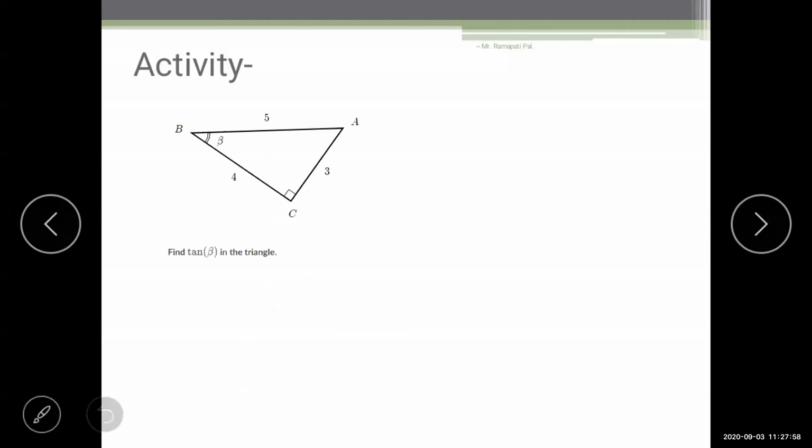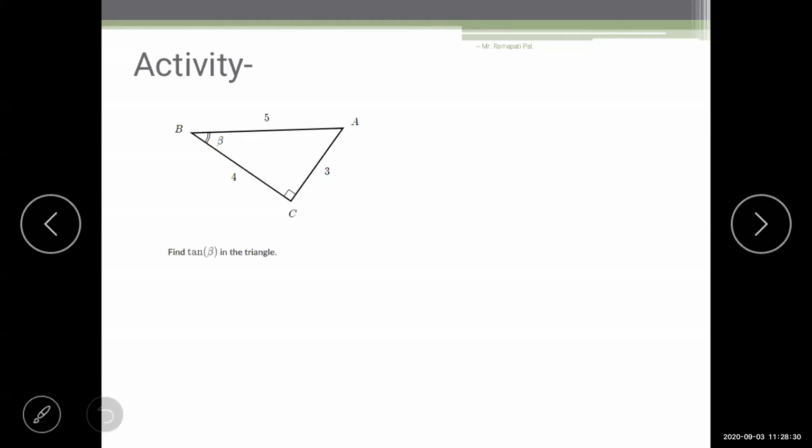So in this triangle ABC, C is 90 degree and at angle B, beta is present. So the hypotenuse is AB, correct? And the adjacent side is, what is the adjacent side now? 4. And what is the opposite side?